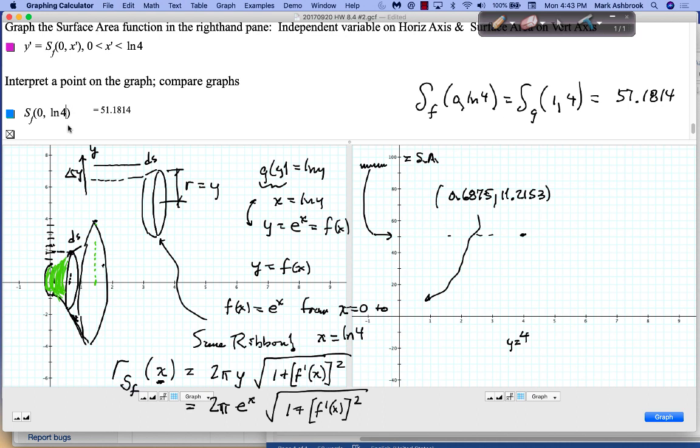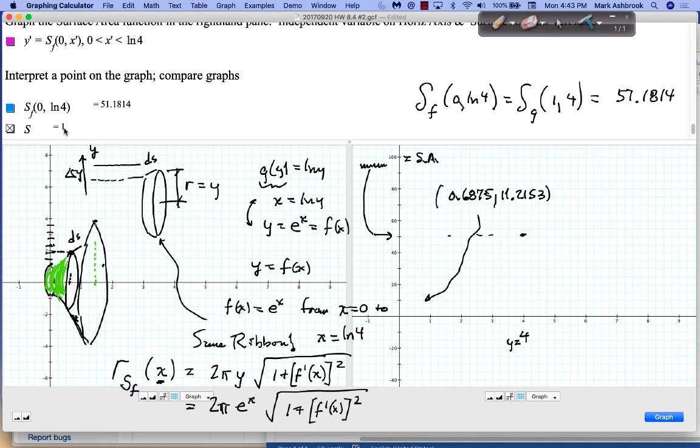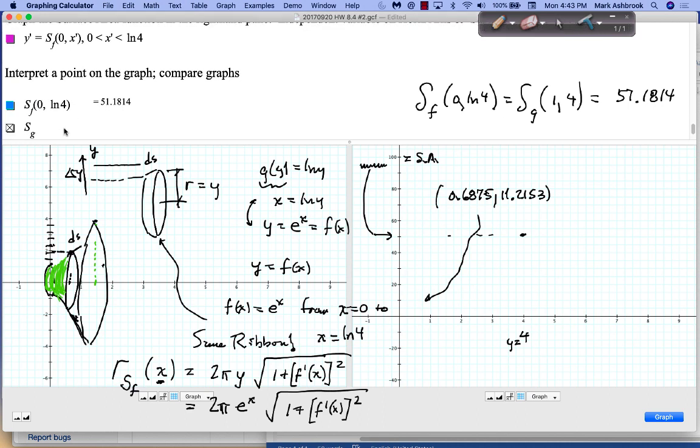So the same as S g of 1, 4. Look at that. So as y varies from 1 to 4, we get the whole bell. And that's also the same as x varies from 0 to ln of 4, we get the whole bell. And so we get the same amount of surface area in both cases.